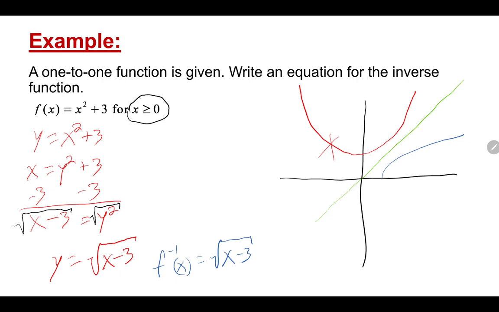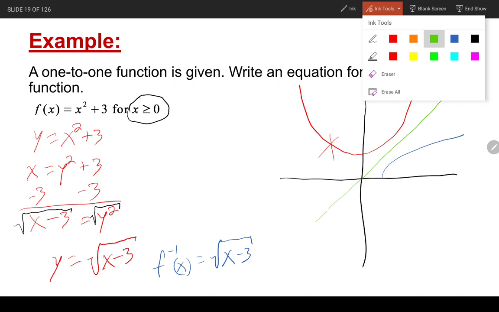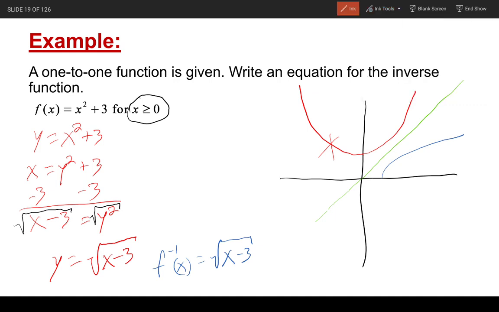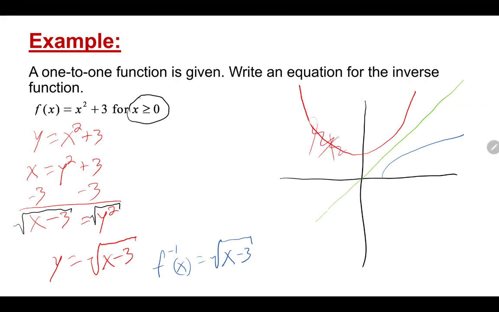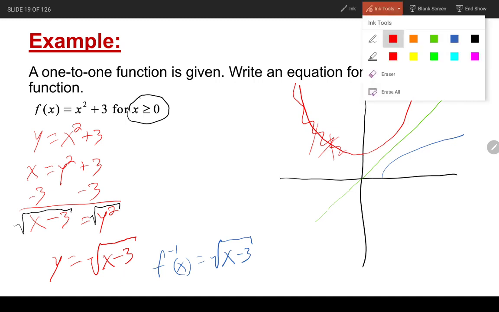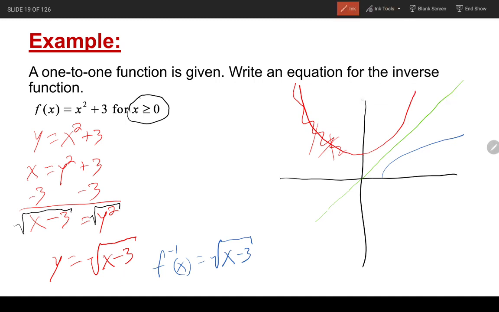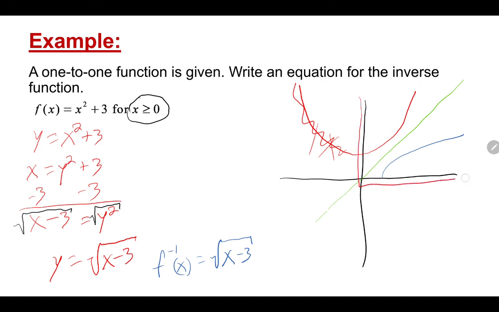Again, we're ignoring the piece over here. We've said this doesn't exist over on this side. We're only dealing with it positive, so we're really only looking at the graph from this side, right? So that's okay. And that is a nice function.